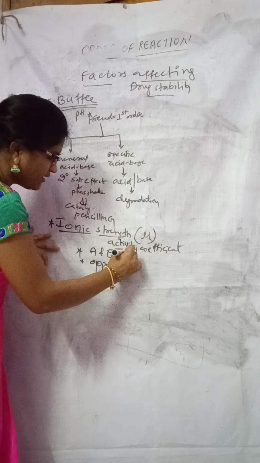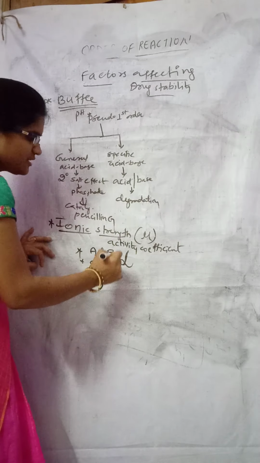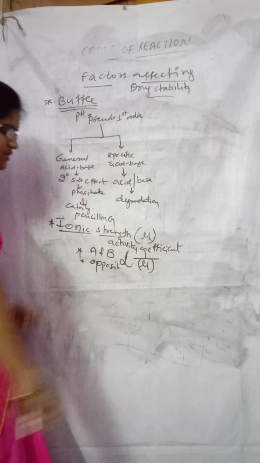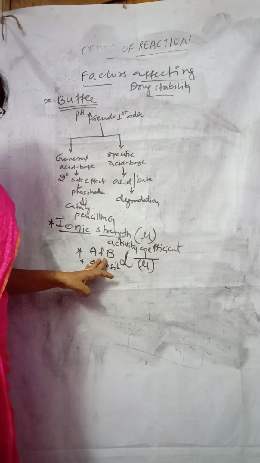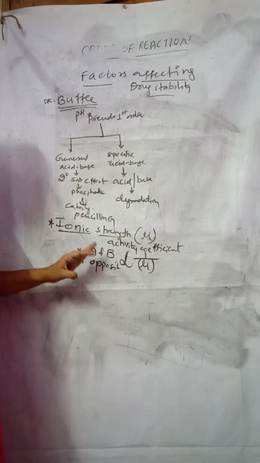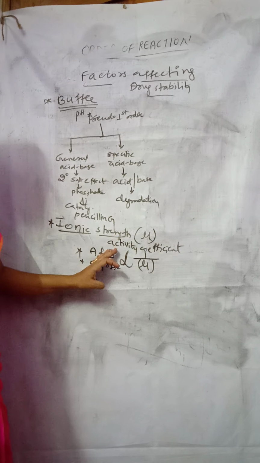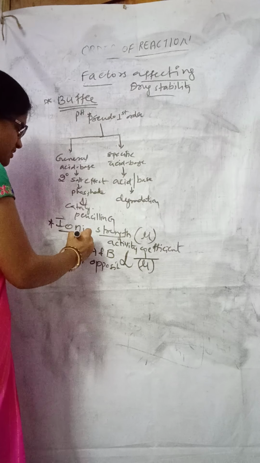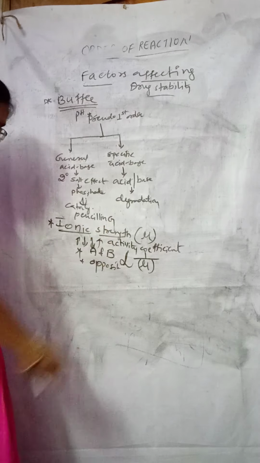In both the cases, the stability is inversely proportional to the ionic strength. Nothing but if the ionic strength is increasing, the stability will decrease. If the ionic strength is decreasing, the stability will increase.